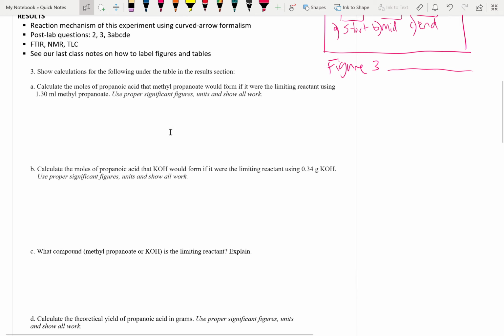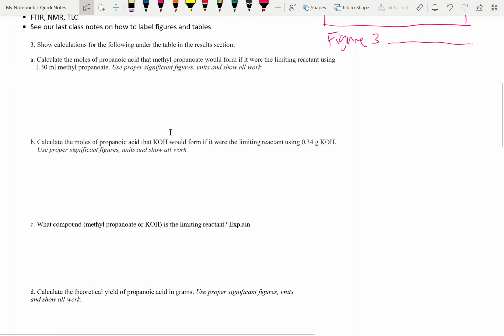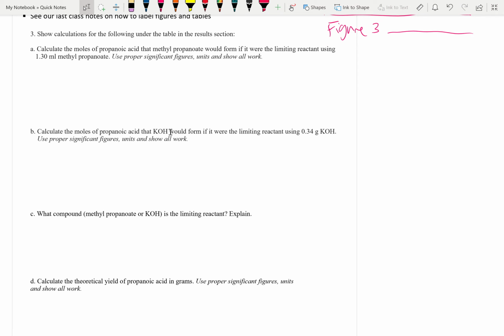So I'm going to go over step by step how to do this, just because Beyond Labs obviously is not giving you any values, and the values that I forwarded to you from the department kind of have a weird result. So I did the math, and it just didn't make sense, and I don't want you doing the math and ending up with values that you have no idea how to explain in your discussion section.